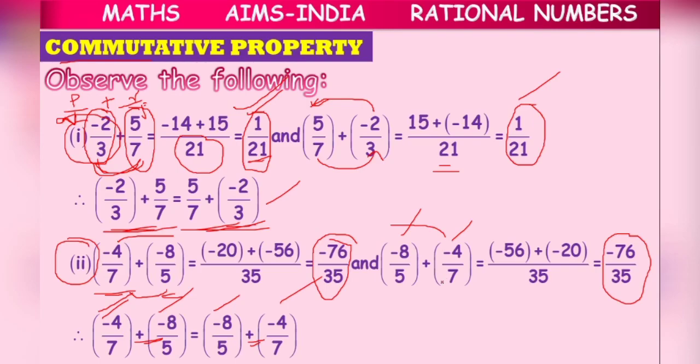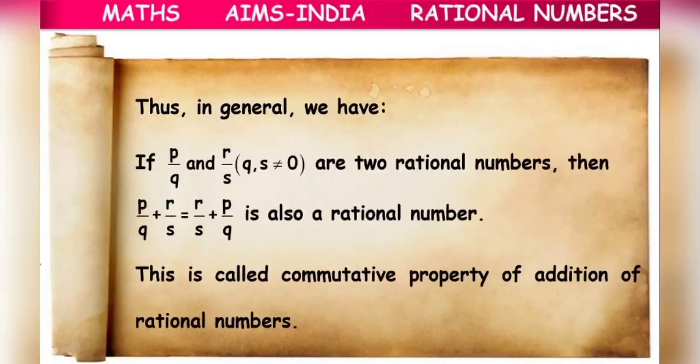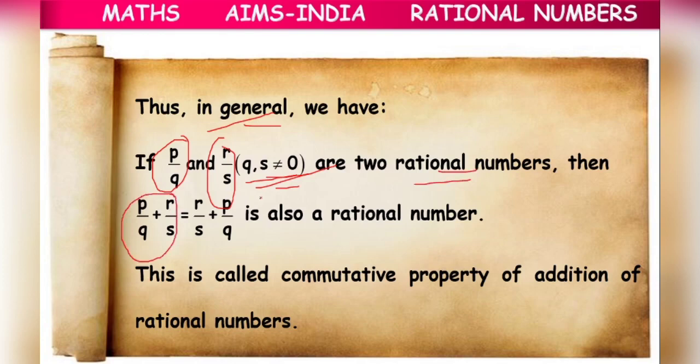So this is again framed in the form of a sentence. In general, suppose we have P by Q and R by S, where Q and S are not equal to 0, which means denominators are not equal to 0, are two rational numbers, then P by Q plus R by S is equal to R by S plus P by Q. We can add in any way.